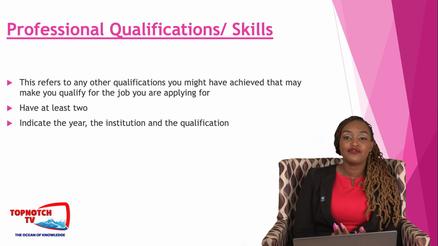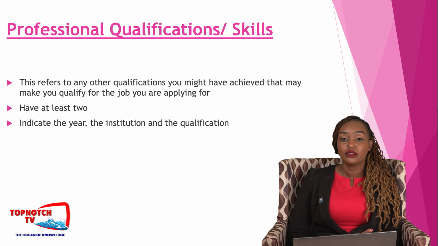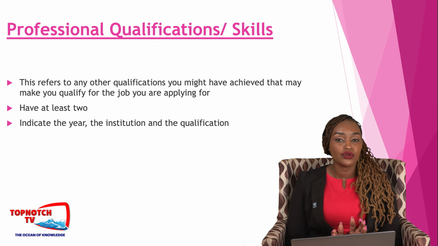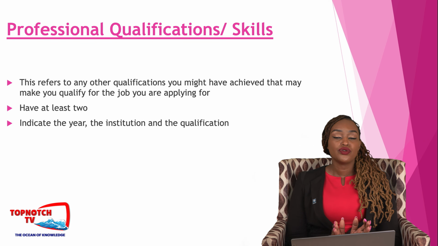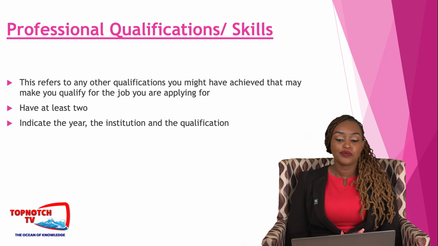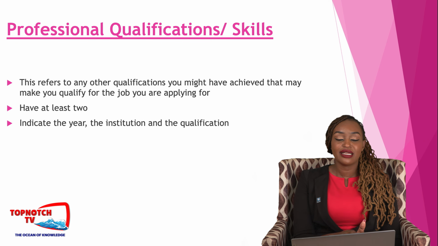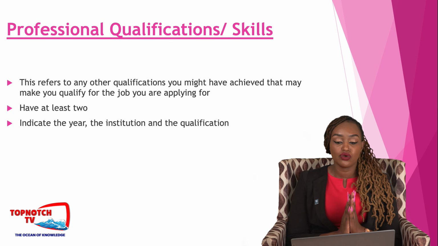Sometimes you might have more than 1, but look at the position that you are applying for. So if you want to apply maybe as a banking manager, what is needed? So in all your qualifications, can you check which one will ensure that you get that certain position that you're going for?